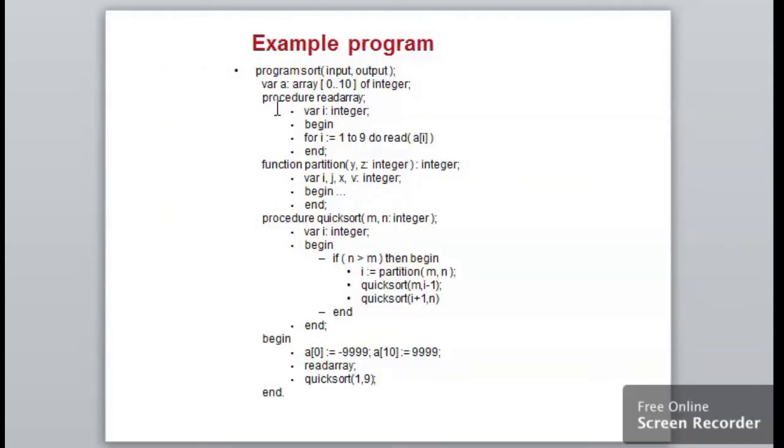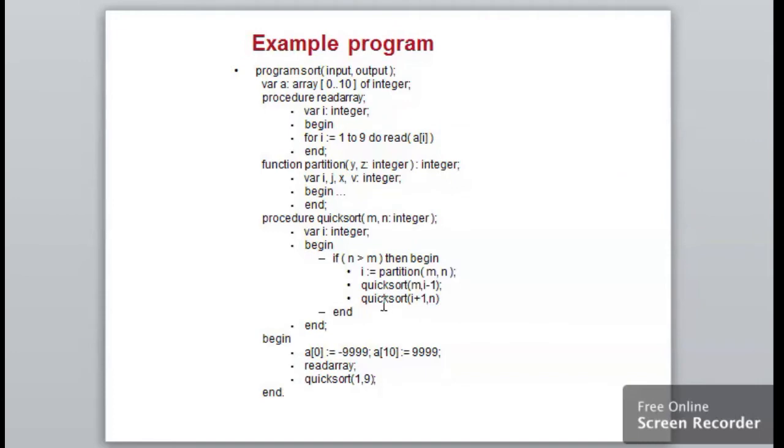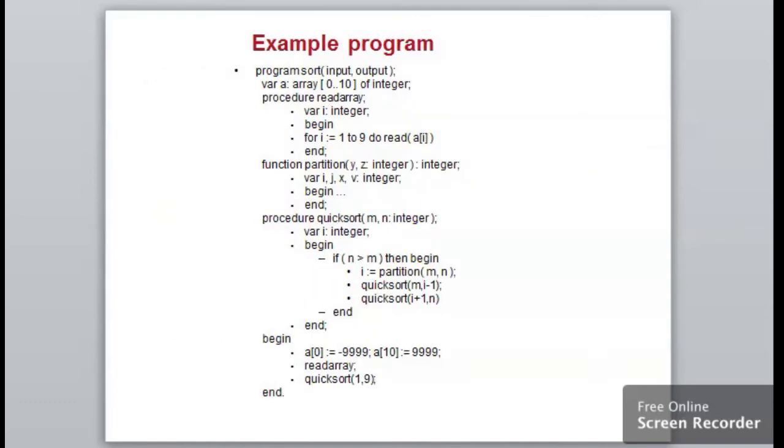So if I write procedure read array, it is an identifier, and these are the statements within that procedure body. The procedure call is an invocation of a procedure within an executable statement. So here we have a procedure call for the quicksort. The procedures that return values are normally called functions, so we have a function that returns a value, that is the partition function.